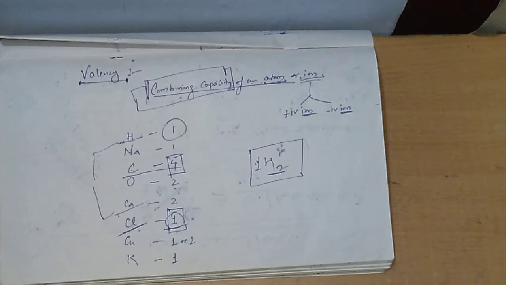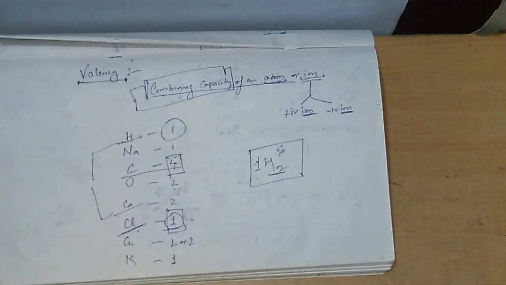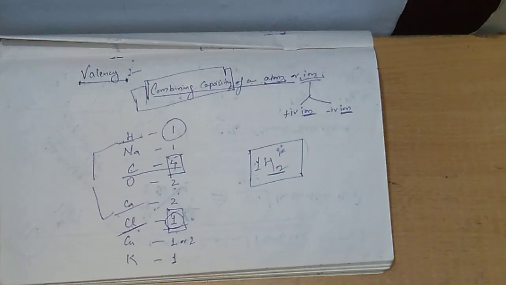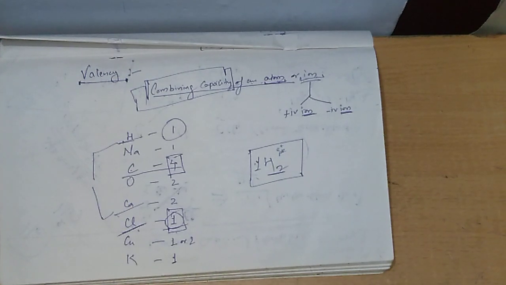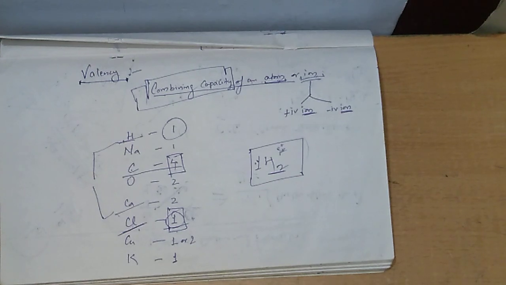Let us take the example of H2O. Hydrogen and oxygen combine together. But how is this proportion decided, that two atoms of hydrogen combine with one atom of oxygen, and thus they form one molecule of water? How is this decided?